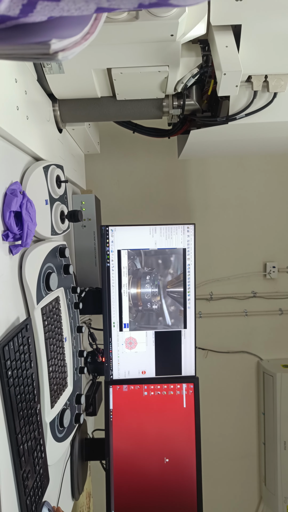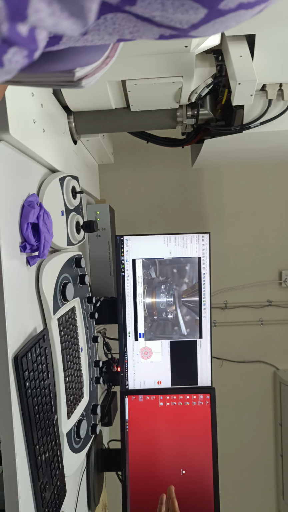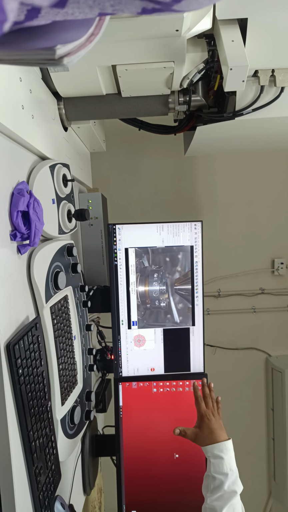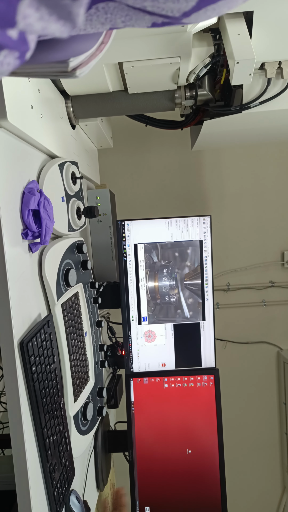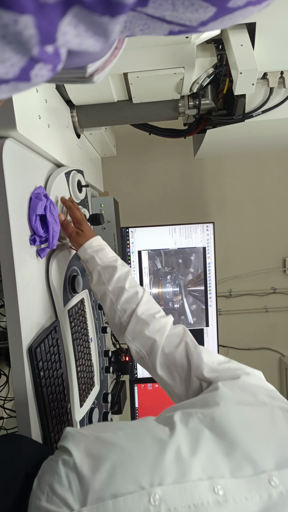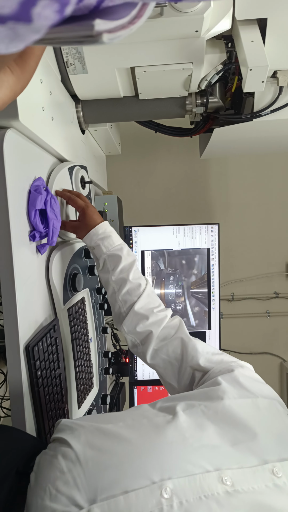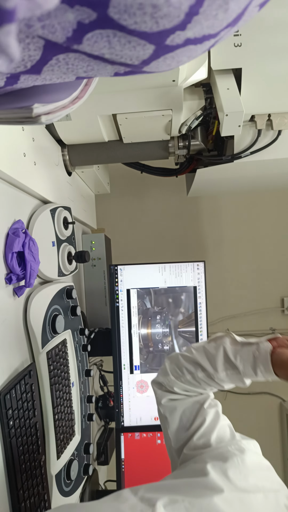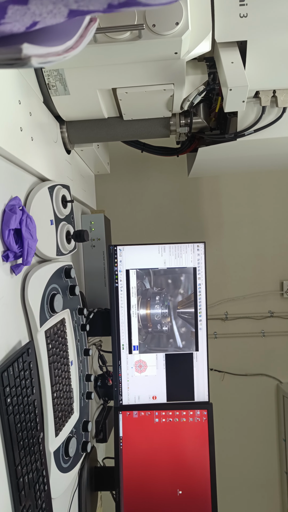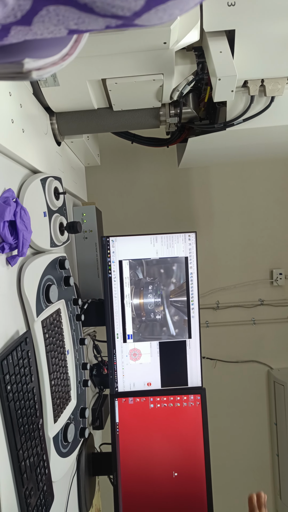This is some part of the stage, not the total stage, and the total sample holder you can see. The stage can be controlled by this, called the joystick. It has 5 controls: X, Y, Z, rotation and tilt. These 5 controls you can give to your stage.